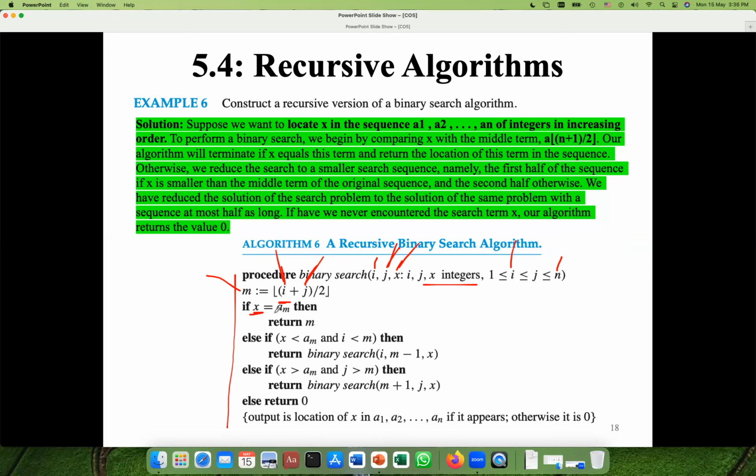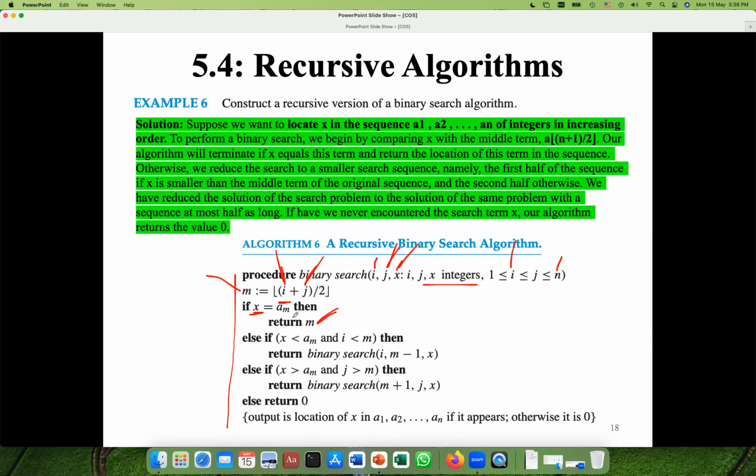If the condition is okay, then return the location, M. Then return that position of the array, which is 3. It means our element has been found in the array at position M.